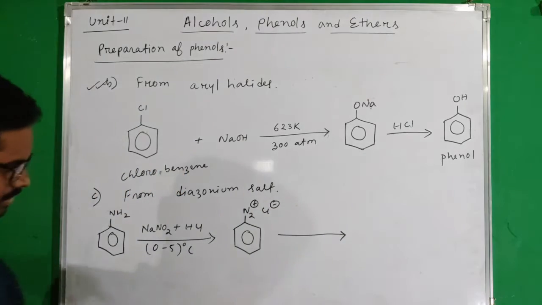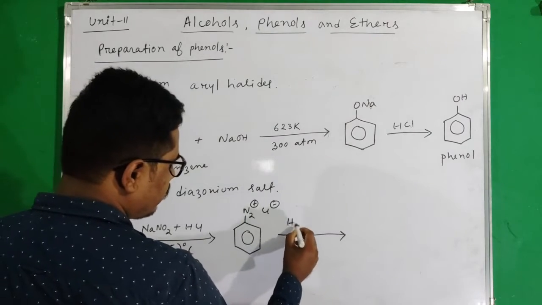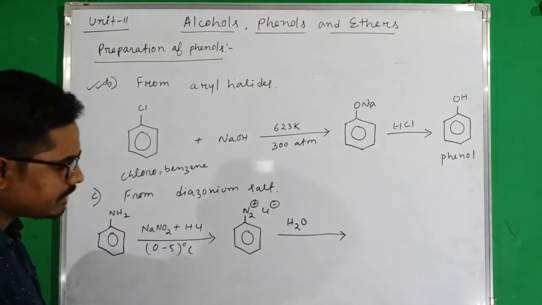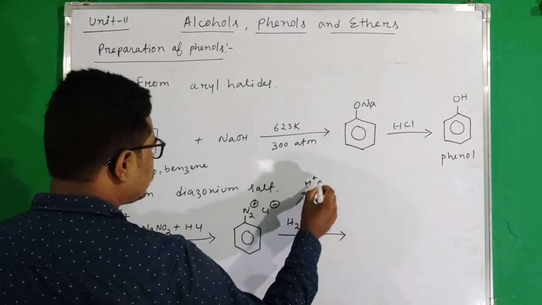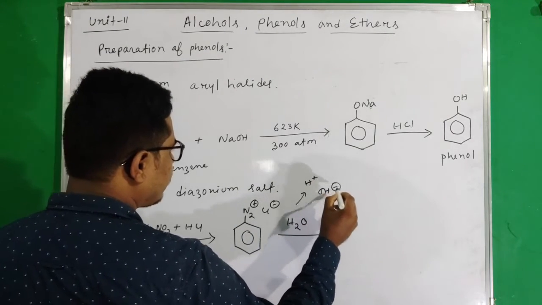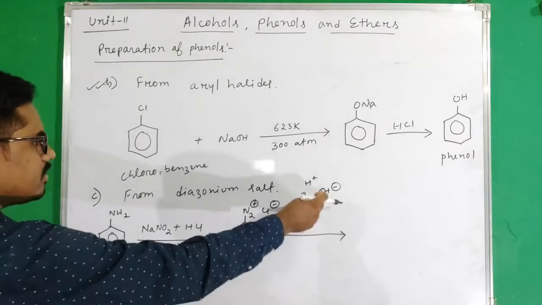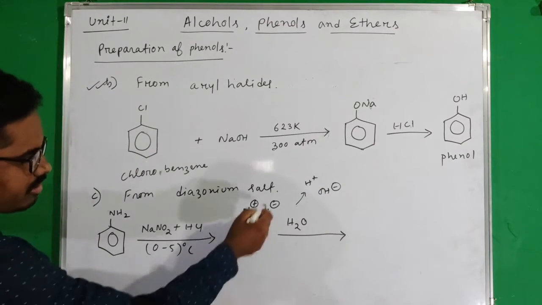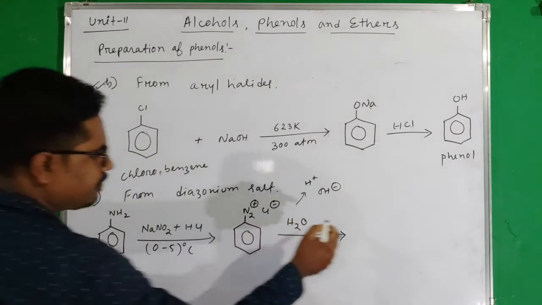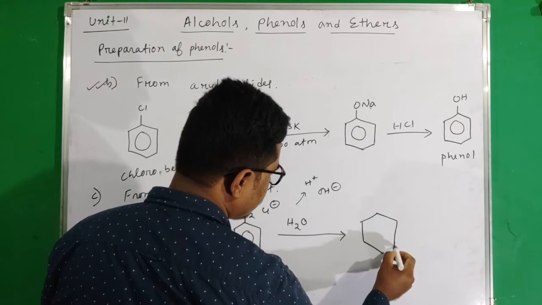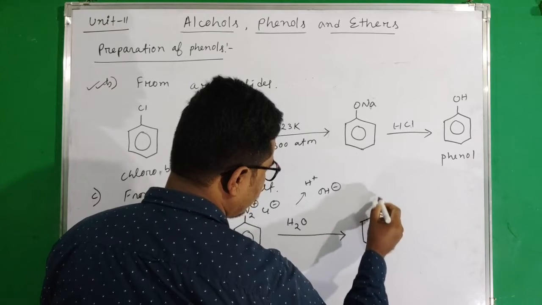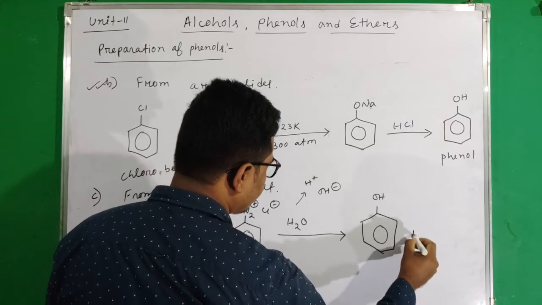And when diazonium salt is treated with water, then water will break to form H positive and OH negative, and this OH negative will replace the whole diazonium group. That means the final product is phenol.